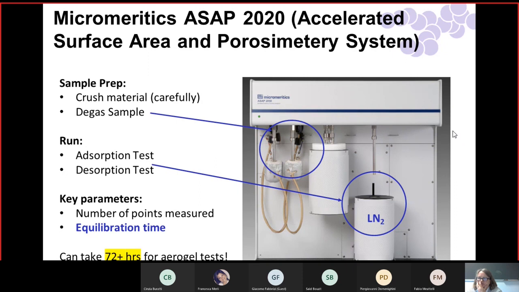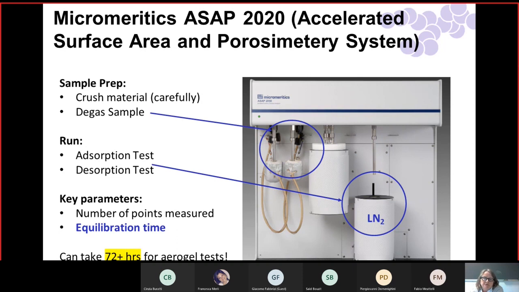You add a known volume of gas, and then you measure the pressure. It's not shown here, but there is something to measure the pressure. Actually, sorry, it's up here, to measure the pressure of the sample. And so you run what's called an adsorption test and then a desorption test. So adsorption is adding the material, desorption is pulling it off.